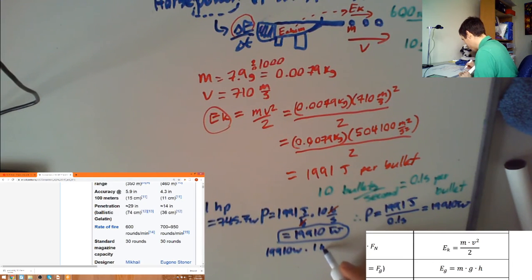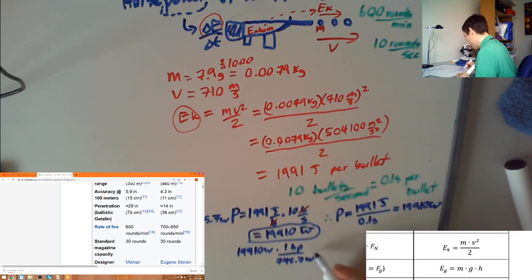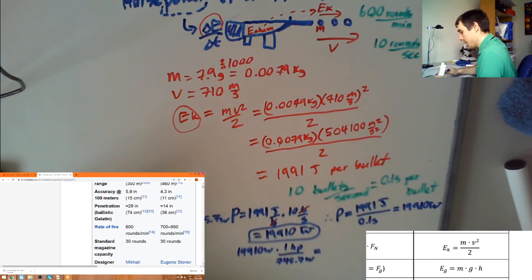So times 1 horsepower per 745.7 watts, which means the watts are going to cancel out top and bottom, and we're going to be left with horsepower, and we just need to divide it.